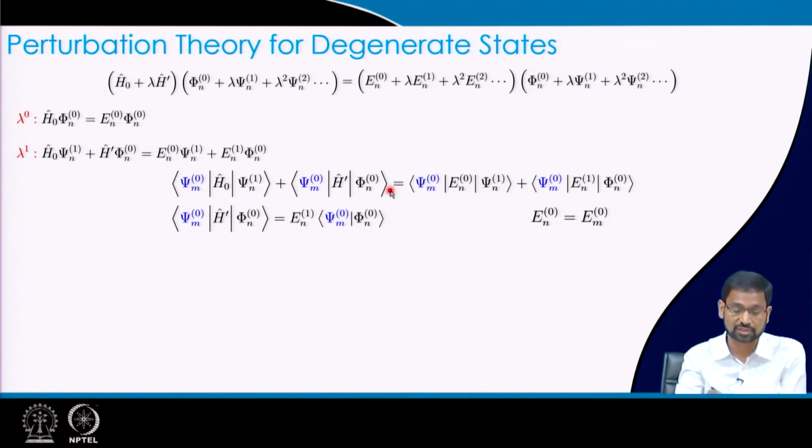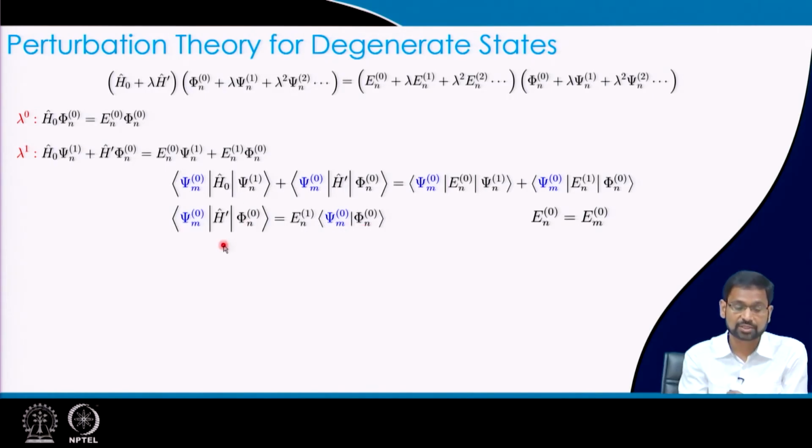So the first terms of the left and right hand sides cancel. That leaves me with psi m0, H prime, phi n0 on the left hand side, and on the right hand side the second term, where the energy is in the middle. I bring that out of the integration, and I get psi m0 phi n0.